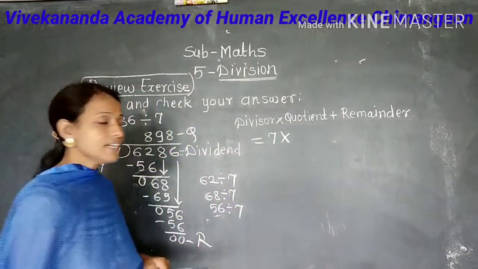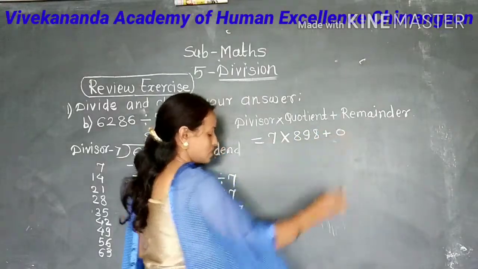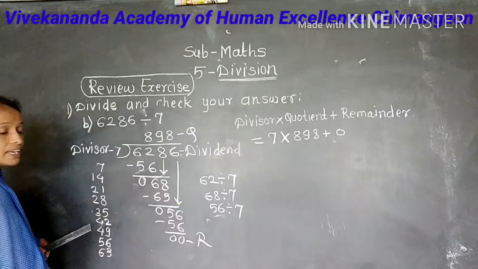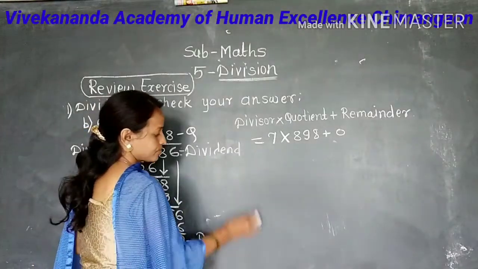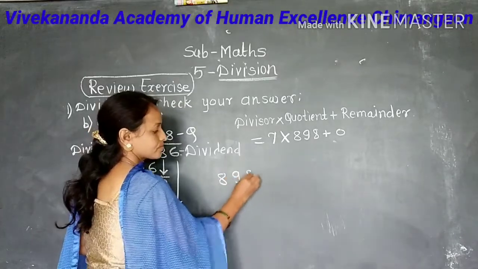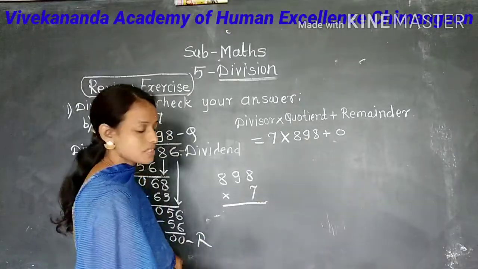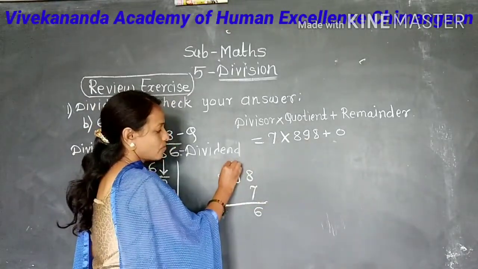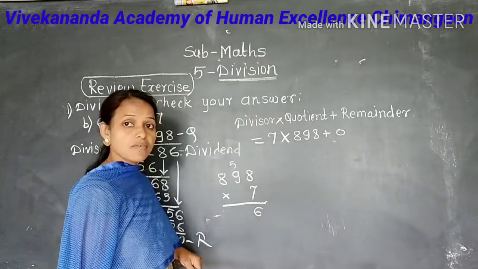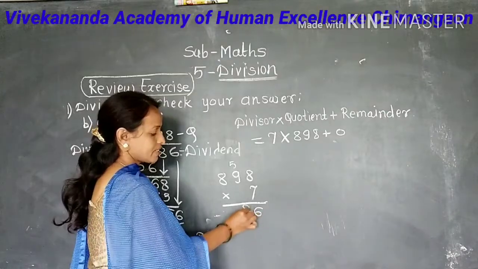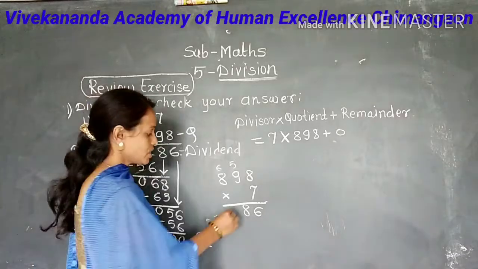Quotient 898 and remainder 0. Now we will multiply 898 by 7. 7 8s are 56. 6 carry over 5. 7 9s are 63. 63 plus 5, carry over, 68. 7 8s are 56. 56 plus 6, 62.